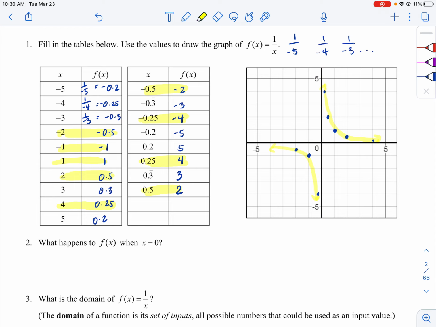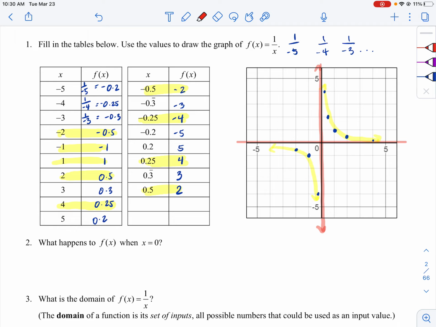I'm going to make that red so we can see what is going on. Why is it not touching the y-axis? And why is it not touching the x-axis? It's weird, this graph is not touching the x-axis and it's not touching the y-axis.